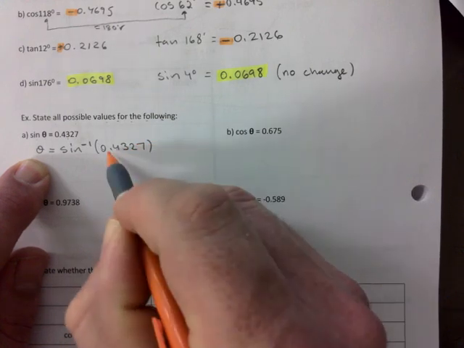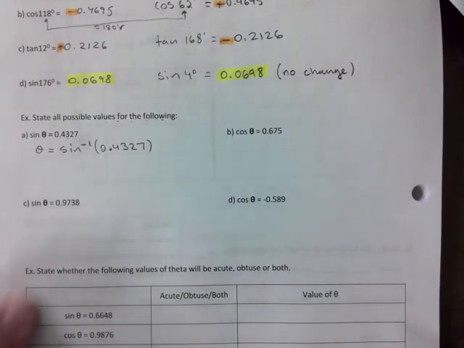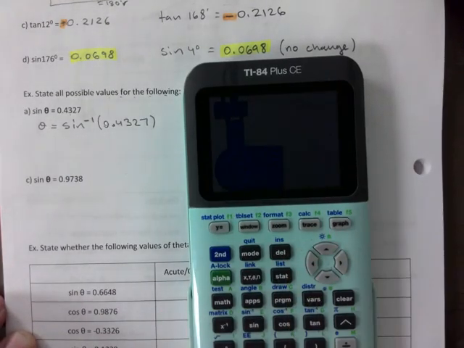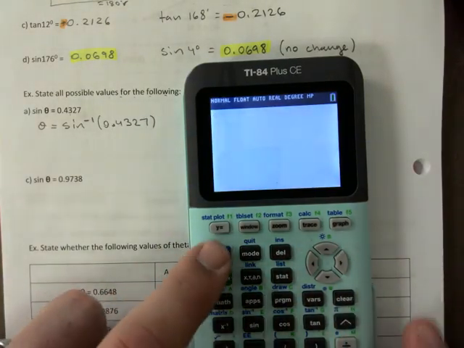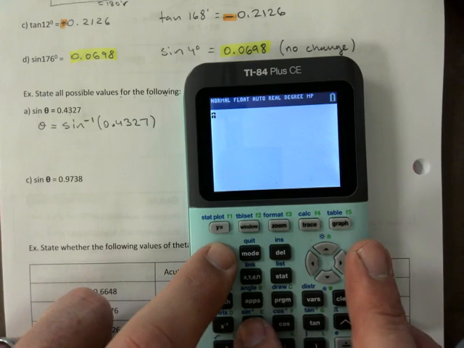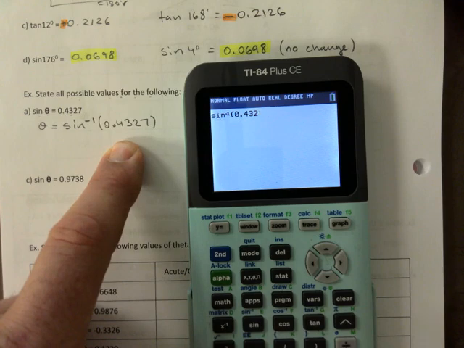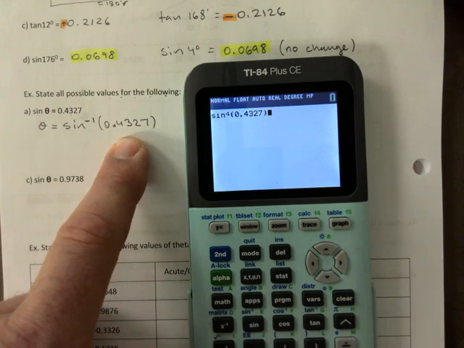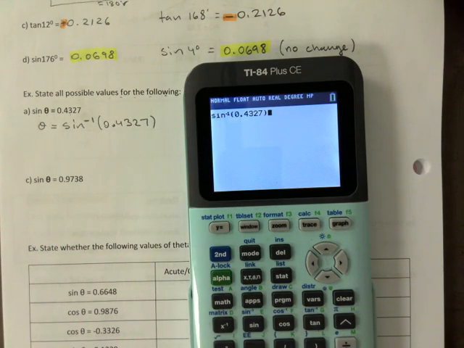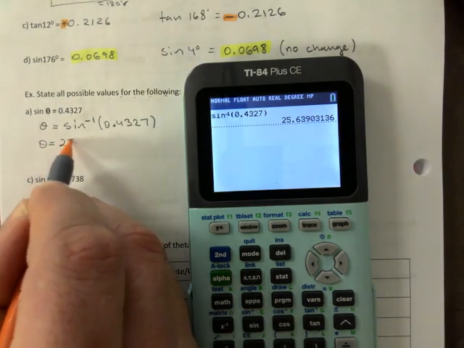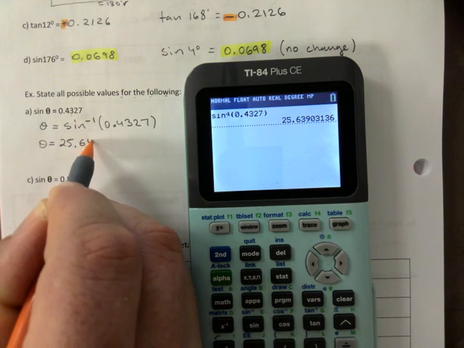You're about to find the angle itself. So you grab your calculator and you're going to say, well, I'm trying to find the inverse. So second sine 0.4327. Okay, you're going to hit equals and you're going to get 25.64 degrees.